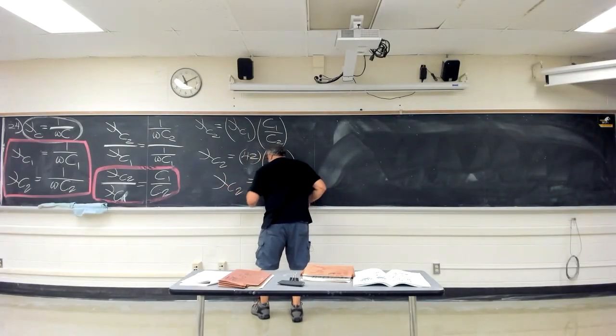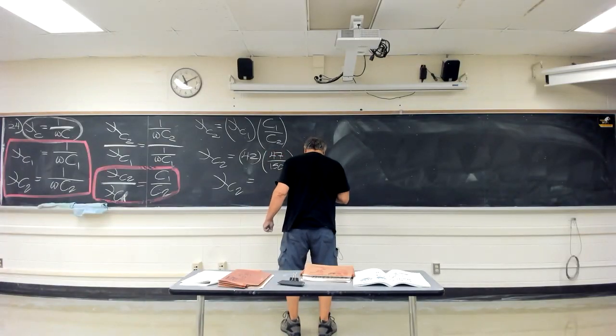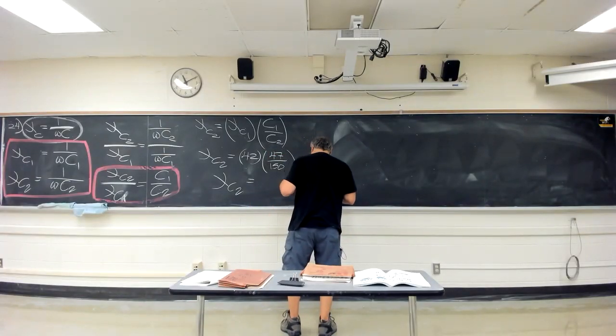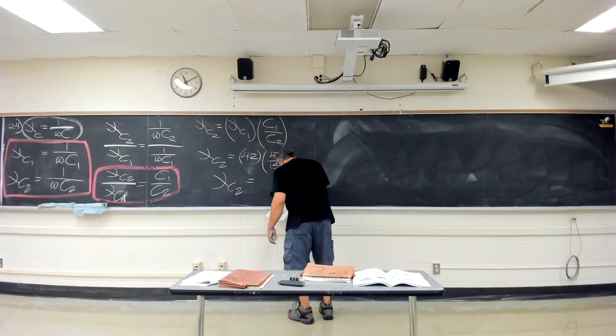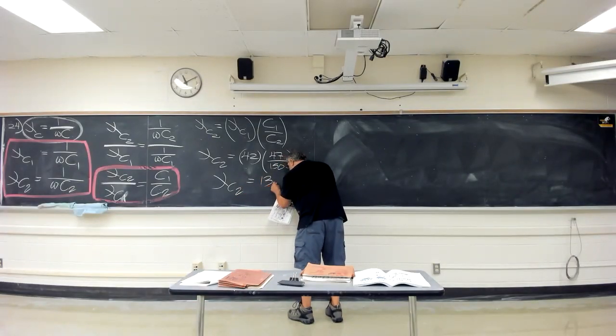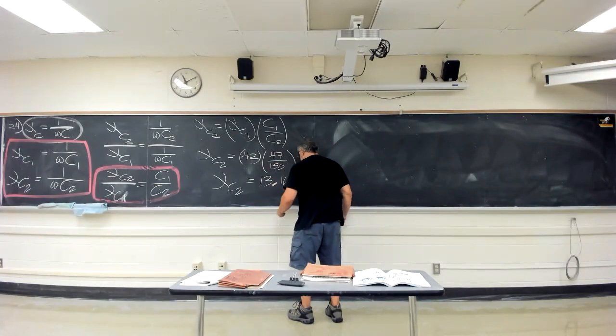At the end of the day, the larger capacitance capacitor, more than 3 times the capacitance, has less than 3 times. The larger capacitance capacitor got you this amount of capacitive reactance compared to the 42 ohms earlier.